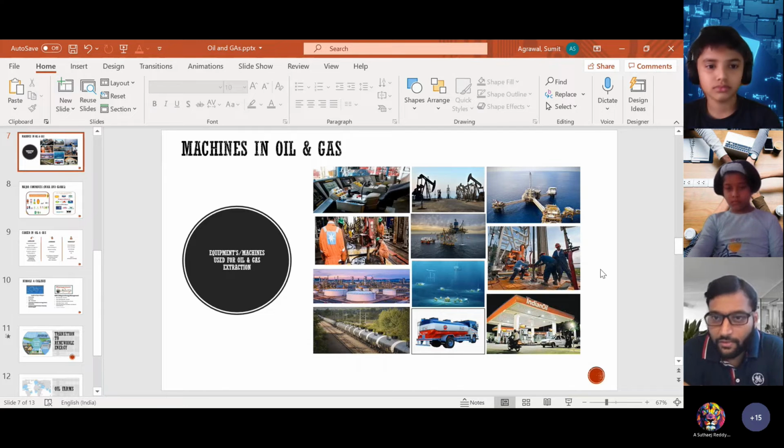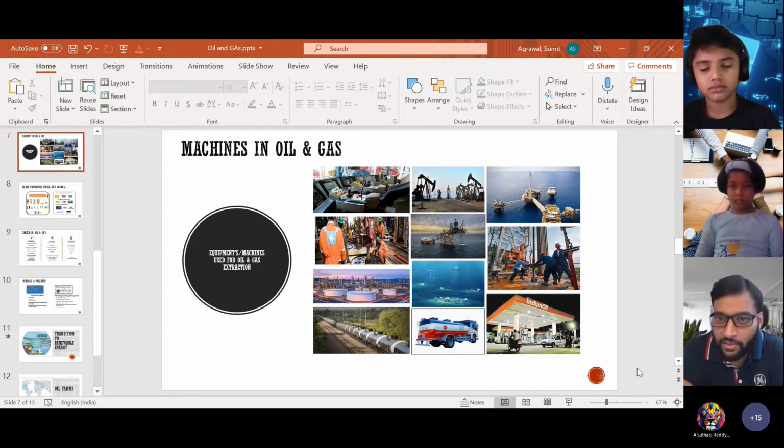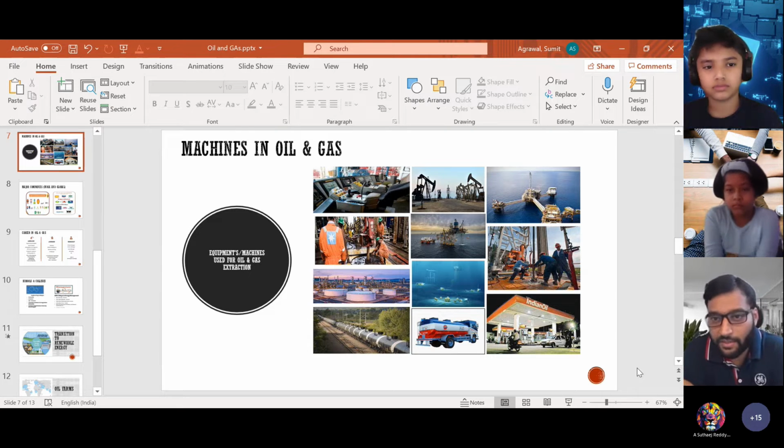Now, these are materials which have a life of 20, 30, 40, 50 years. But still, if the machine gets damaged, there are employees, there are engineers who are there to take care of those machines. Immediately, the machines are replaced. But these machines are made of certain material which does not rust easily.